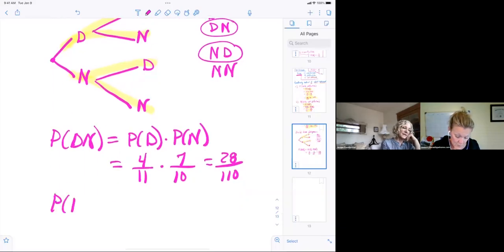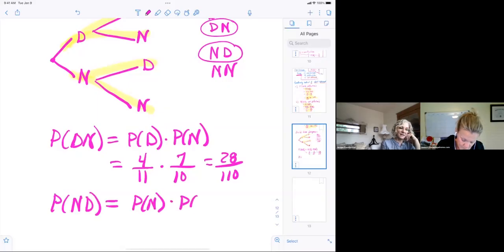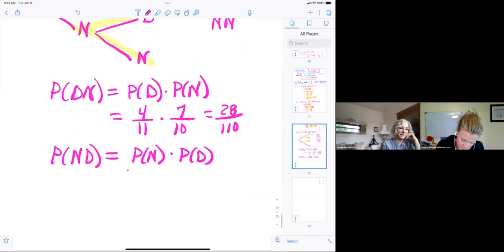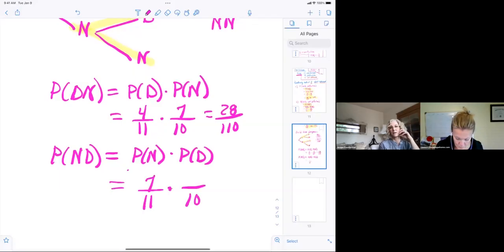Probability of not defective and then a defective. So probability of N times the probability of D. Probability of not defective is 7 out of the 11. Take one carabiner out, so there's 10 in the box and there's 4 that are defective.